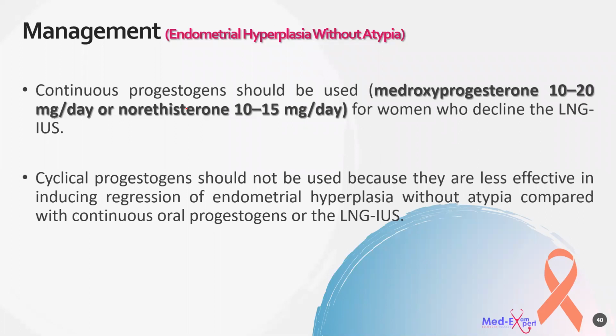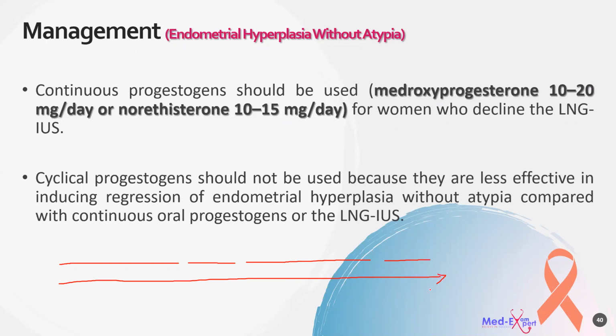Cyclical progestogen is like giving it for a certain period of time, then a hormone-free interval, and then another cycle of progestogen and hormone-free interval. This is less effective than giving continuous progestogen therapy.